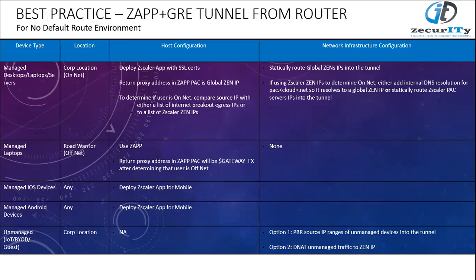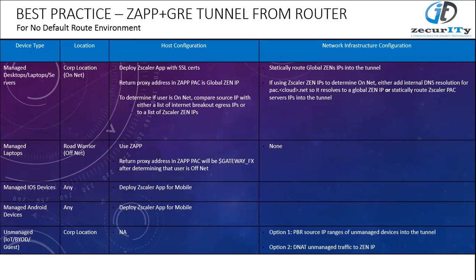Statically route the global SYN IPs into the tunnel. If the user is using Zen IPs to determine on-net, then we need to add internal DNS resolution for pac.zscloud.net, so it resolves to the global SYN IP, and statically route the traffic to the service into the Zscaler tunnel.